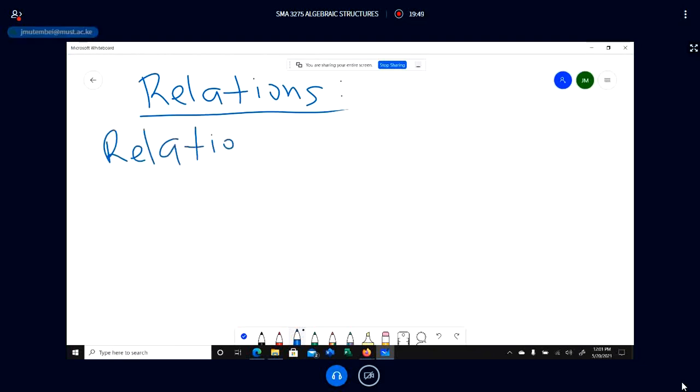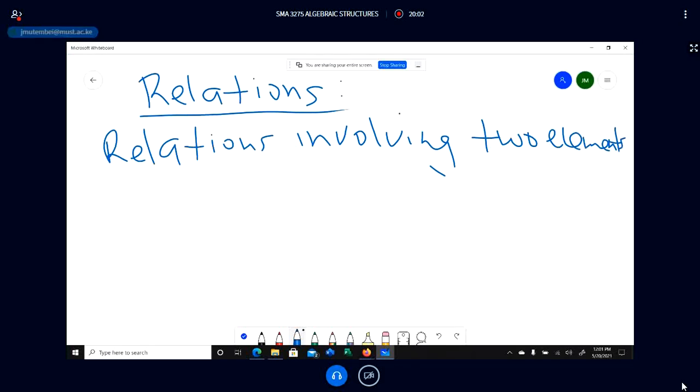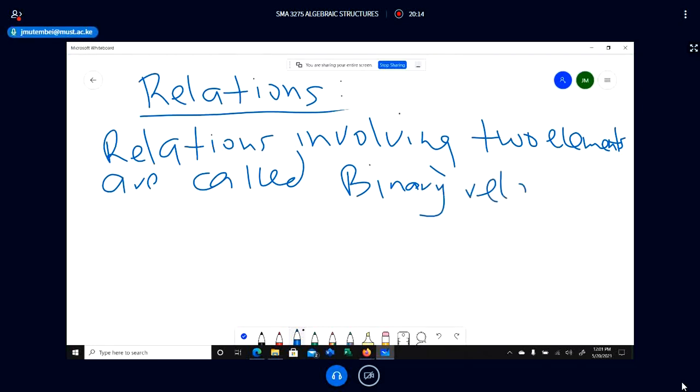Relations involving two elements are called binary relations.